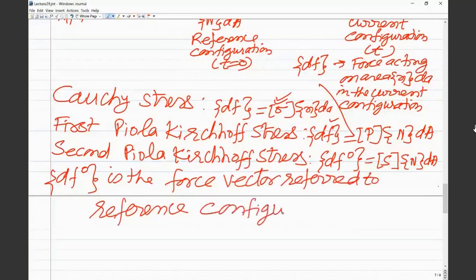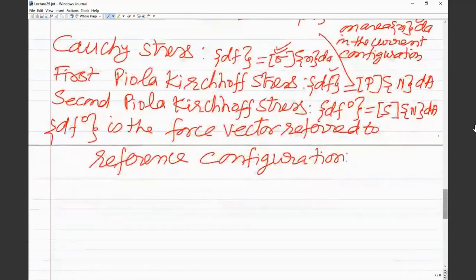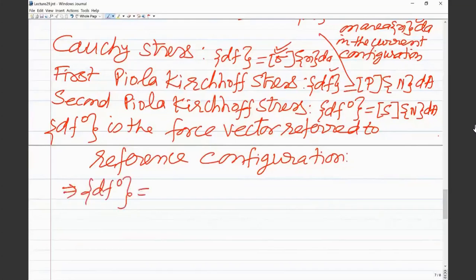So we use a transformation based on the deformation gradient matrix and write this df naught. df naught is related to df through the deformation gradient. Now df naught is the force in the reference configuration.